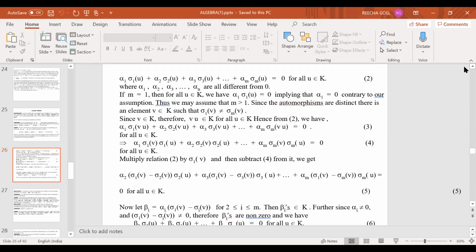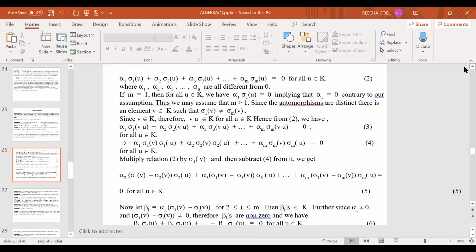Now suppose m is equal to 1. Then for all u in K, alpha 1 sigma 1 u equals 0. Because you are working in a field, either alpha 1 equals 0 or sigma 1 u equals 0.